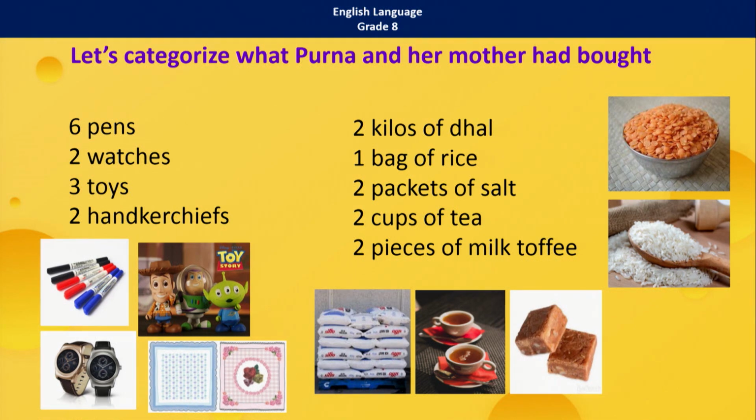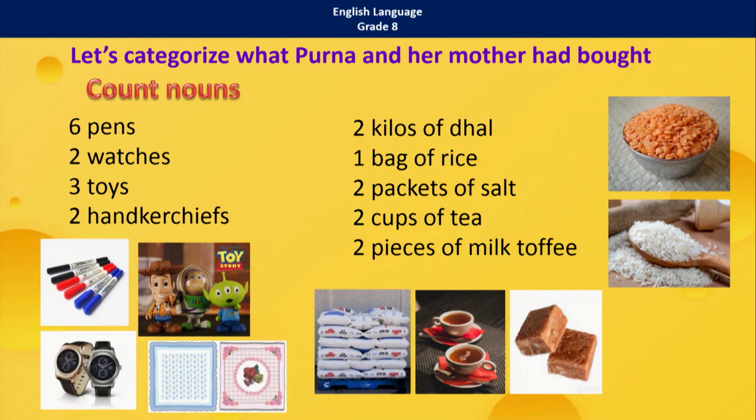Then you can see the 2 watches. 2 watches are there and you can count them 1 and 2. Yes. And what about the toys? 3 toys, 1, 2 and 3. Yes, 3 toys are there, countable. And 2 handkerchiefs. So, Miss Suchitra, I think we can count all these things. Yes, that's right, countable. So we call them count nouns, right?